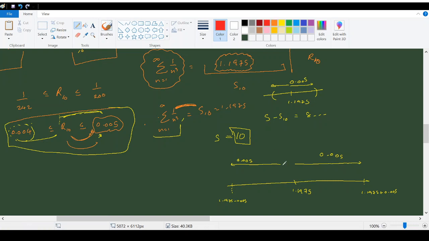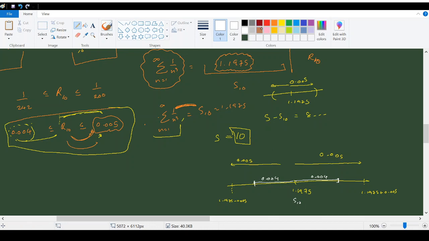So you must leave a gap of about 0.004 to this S10 value. My diagrams are not to scale.